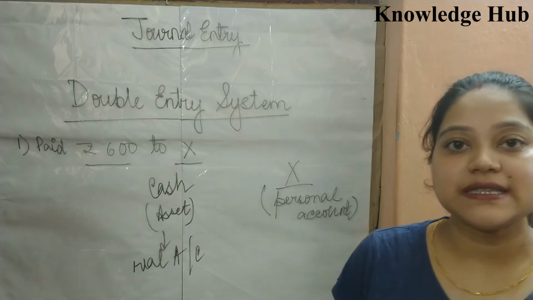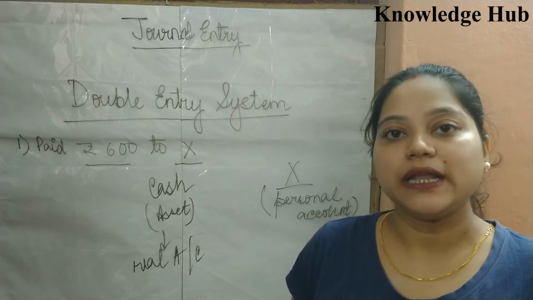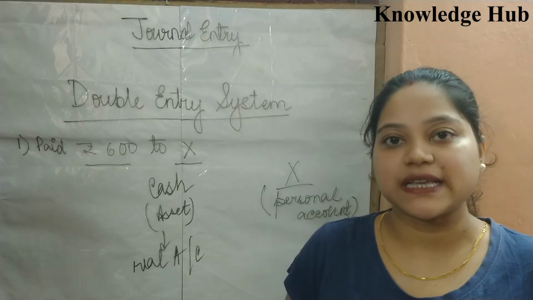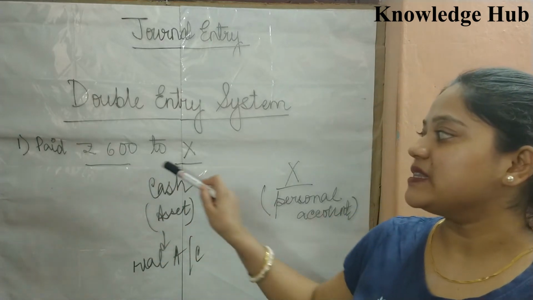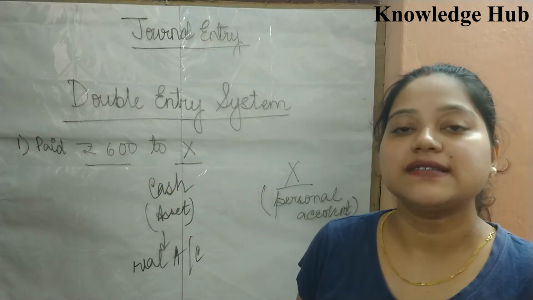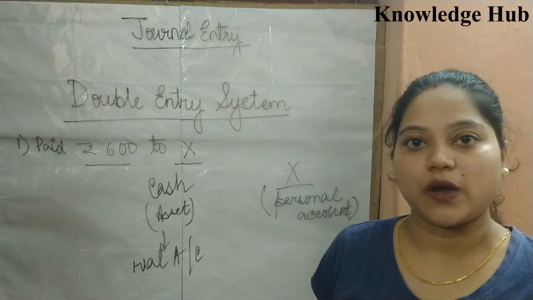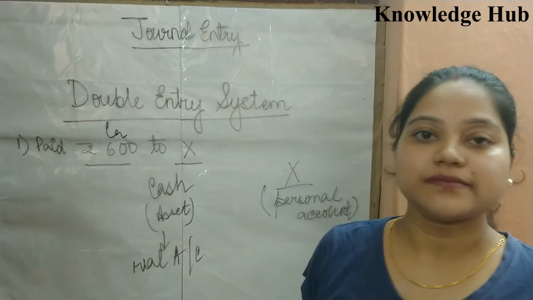Now, as I've already said, in the traditional approach, for real accounts, we debit what comes in and we credit what goes out. So from the transaction, we can already see that rupees 600 cash, being a real account, is going out. So when it goes out, we are going to credit it.